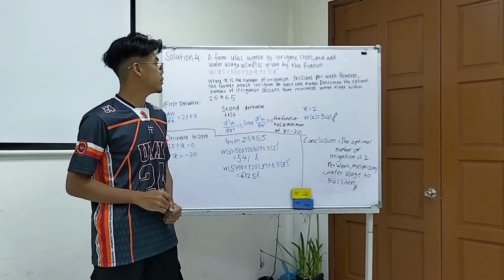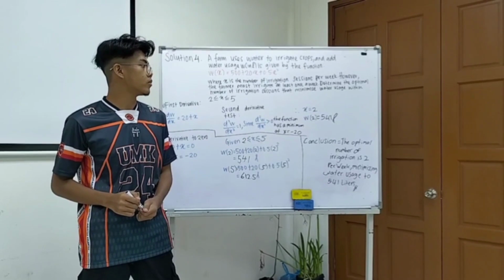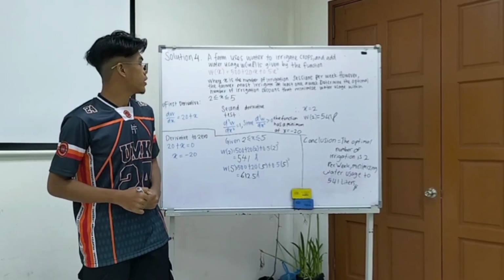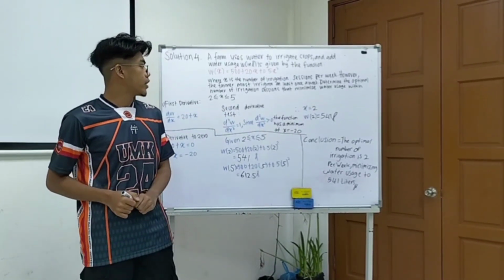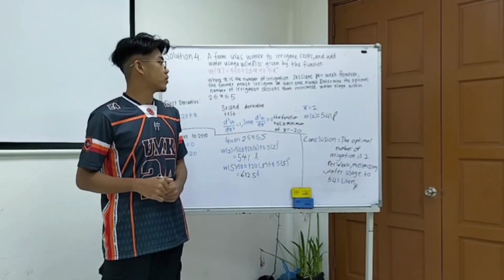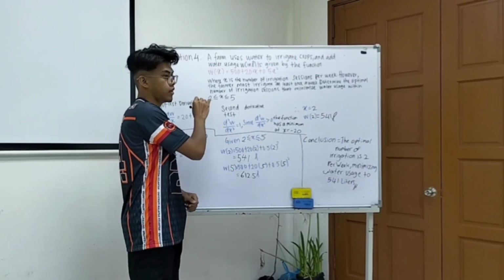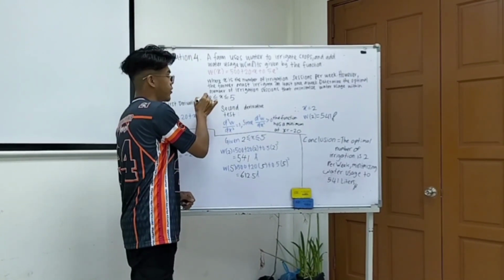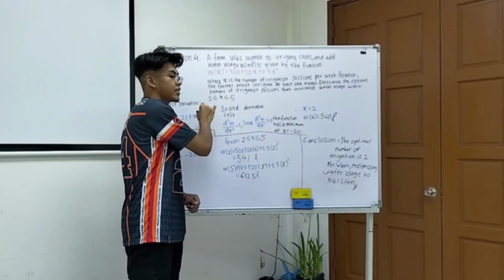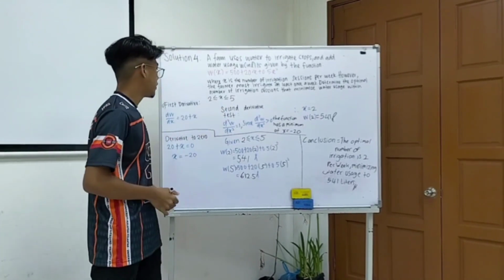However, the farmer must irrigate at least once a week. Determine the optimal number of irrigation sessions that minimize water usage, given x more than or equal to 1 and less than or equal to 5.